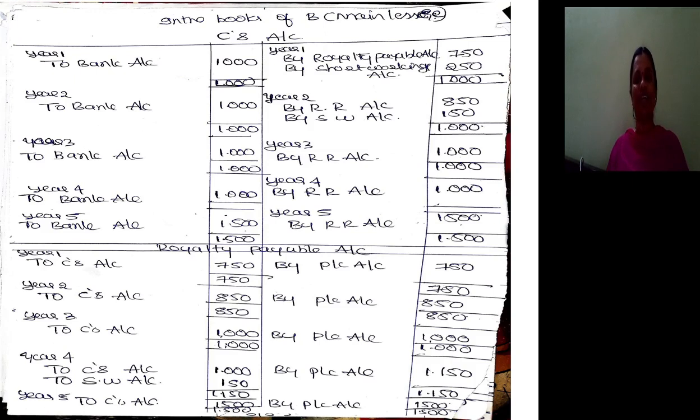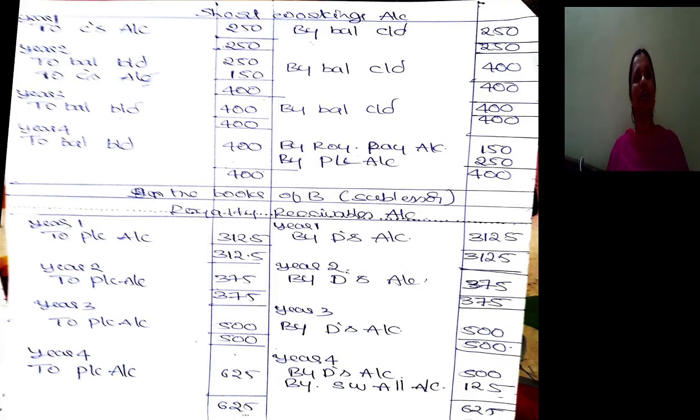It should be closed by transferring it to profit and loss account. And B will pay to C. Journal entry: lessor account debit to bank account 1000. So the lessor account gets closed. And the short working balance will be carried forward to the fourth year. So, by balance carried down 400. At the beginning of the fourth year, to balance brought down 400 rupees.